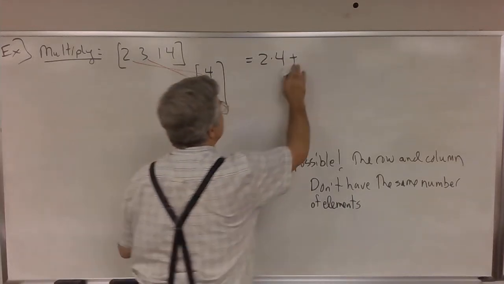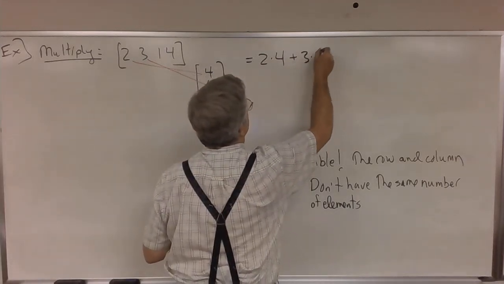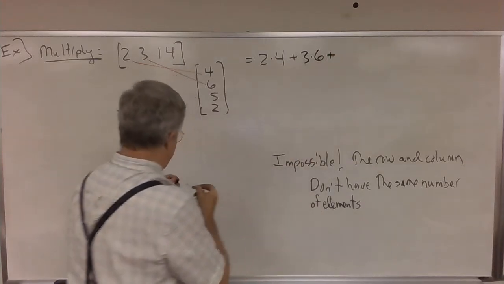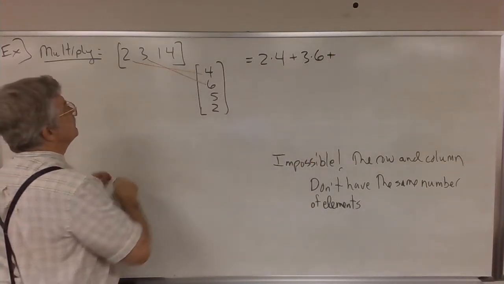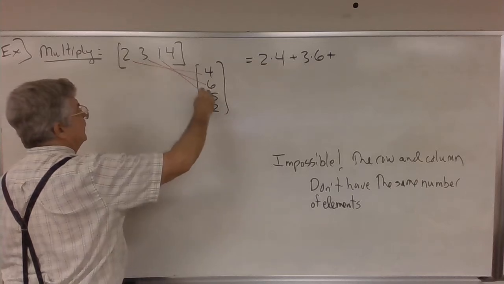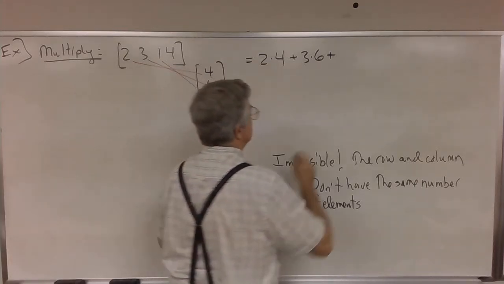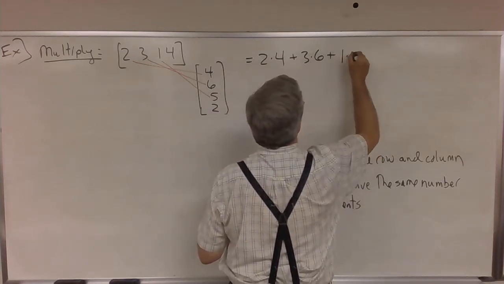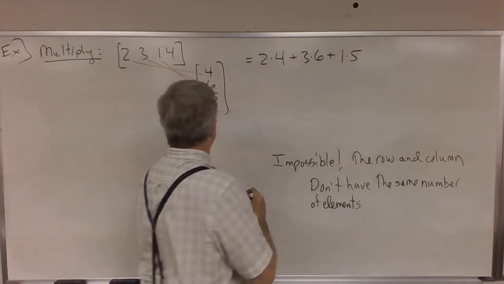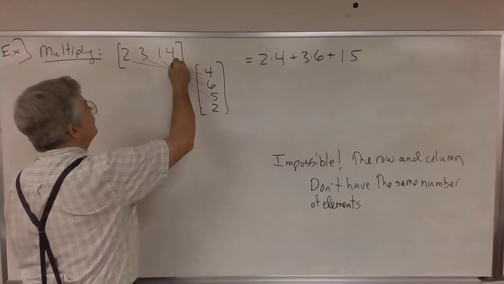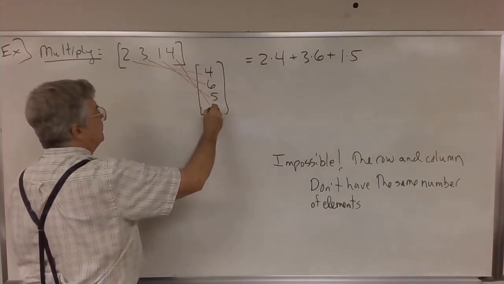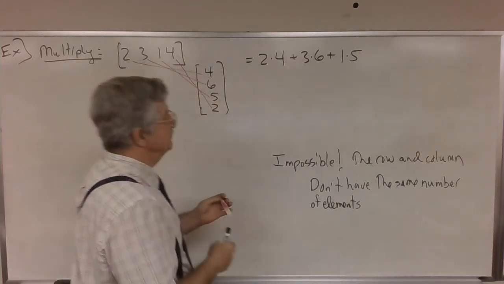So 3 times 6. Then third element by third element. 1 by 5. And then finally, fourth element by fourth element, 4 times 2.